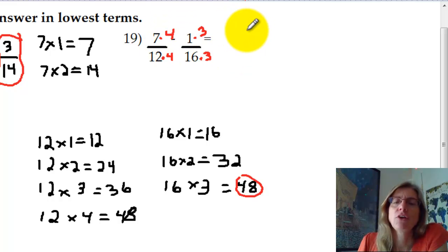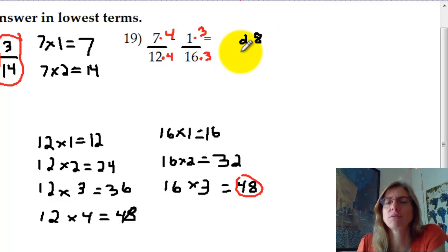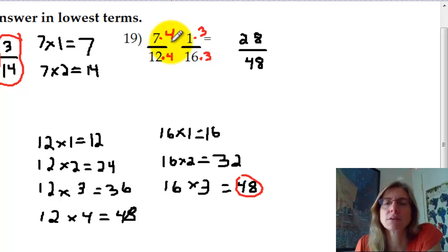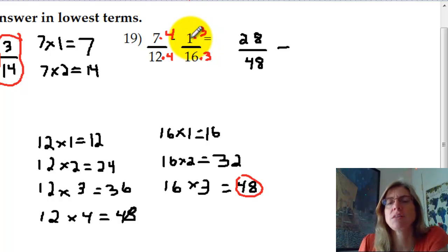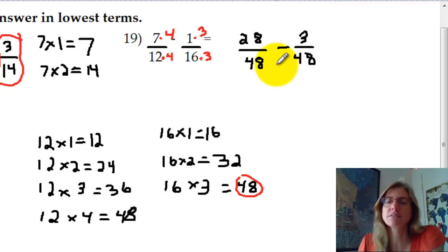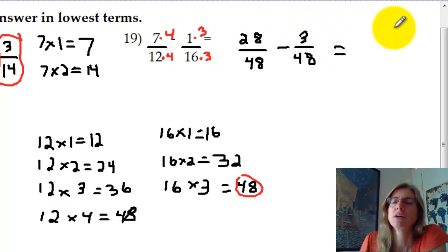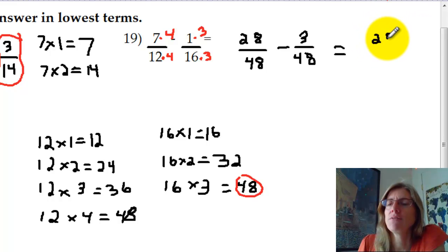So that changes this fraction to 7 times 4 is 28, and changes 12 times 4 to 48. So the equivalent fraction to 7/12 is 28/48. Remember that we're subtracting, and now we're going to change this fraction 1/16 to 1 times 3, which is 3, 16 times 3, which is 48. So 3/48 is an equivalent fraction to 1/16. Now we can subtract. 28 minus 3 is 25, and we have a denominator of 48.